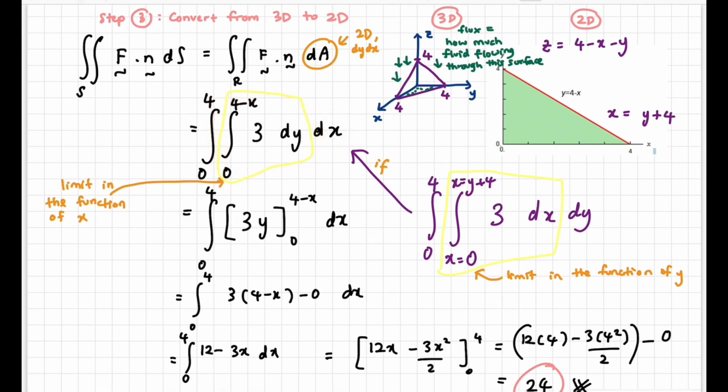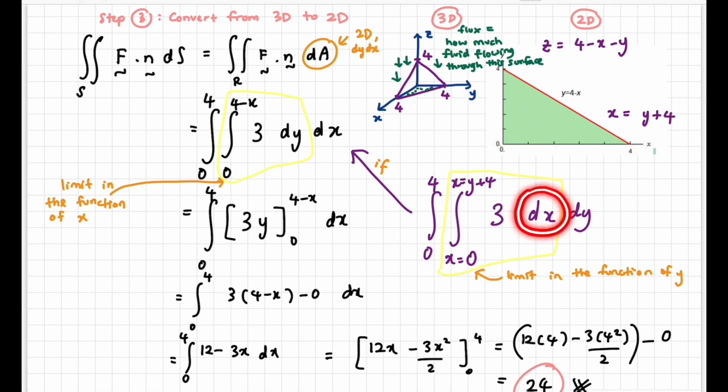When you integrate with respect to y, the limit is in the function of x: y from 0 to y equal to 4 minus x. And then x is from 0 to 4.